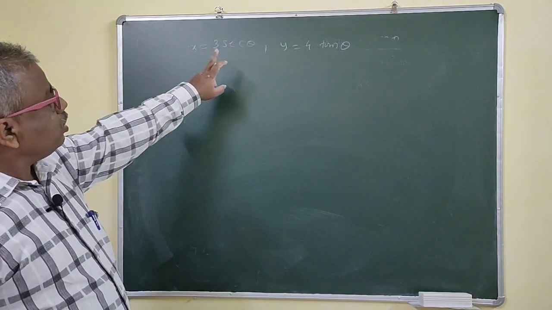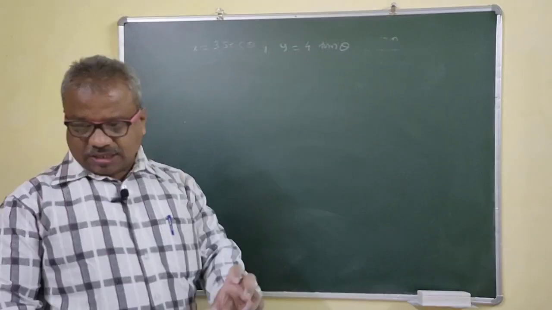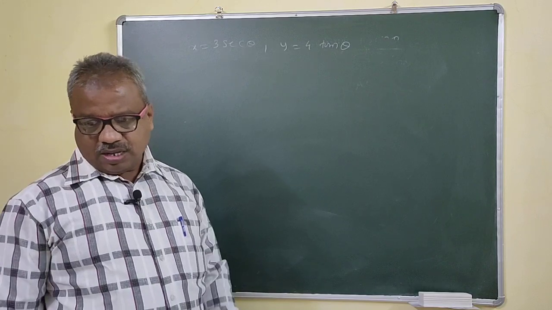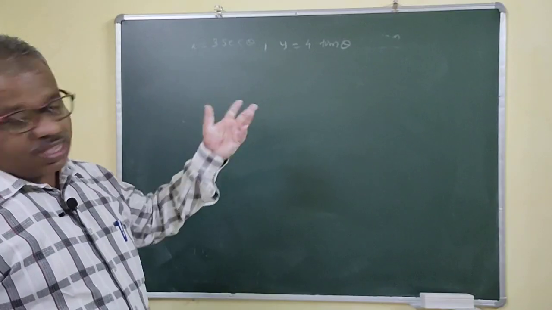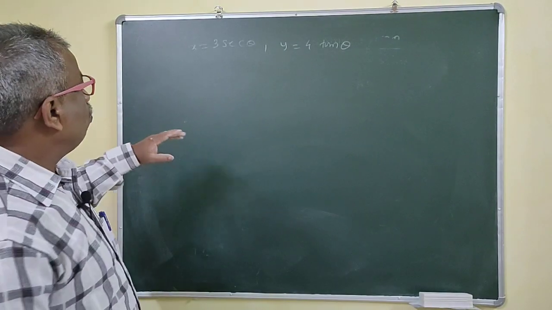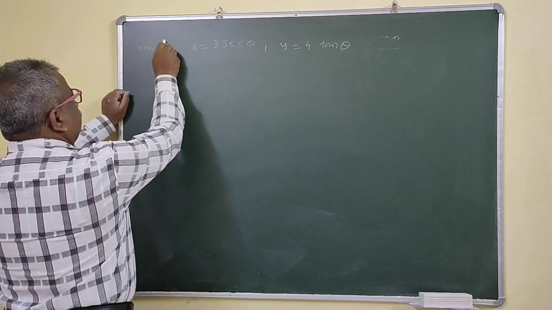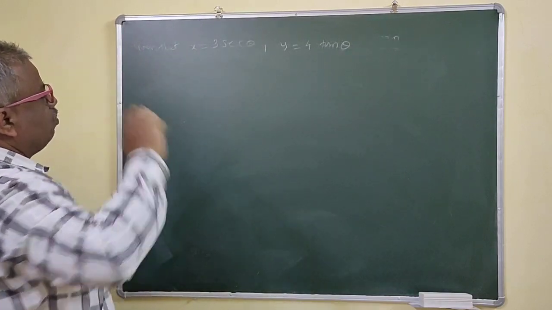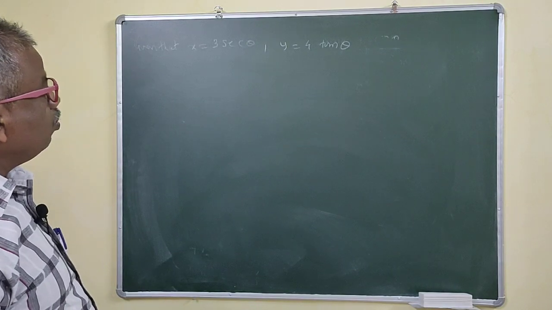Now here we have sec theta and tan theta, and you know the relation between sec theta and tan theta. With the help of that you can eliminate theta in the same way. Solution: given that x is equal to 3 sec theta, y is equal to 4 tan theta.